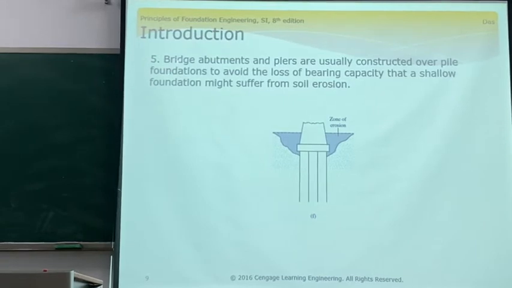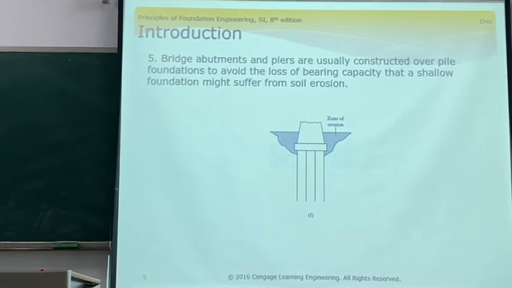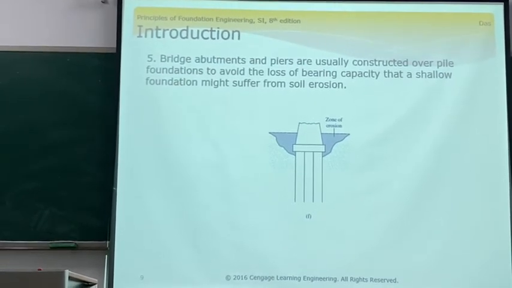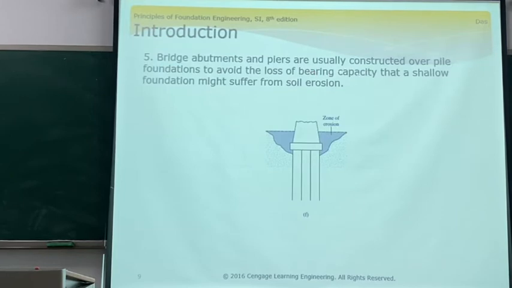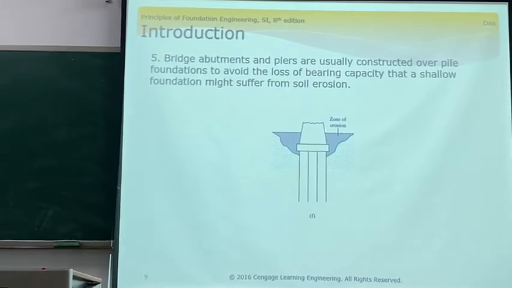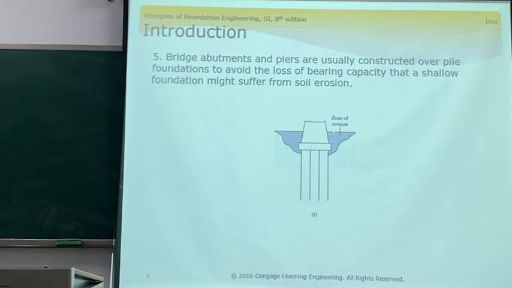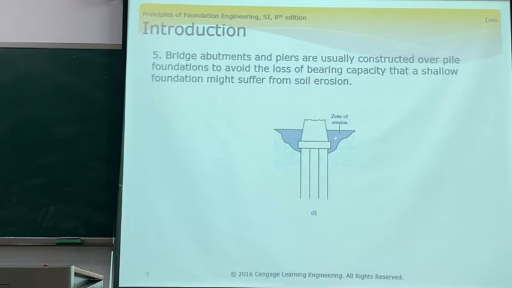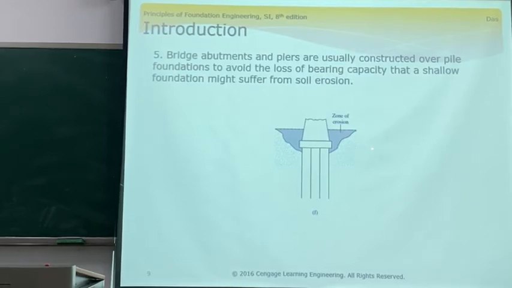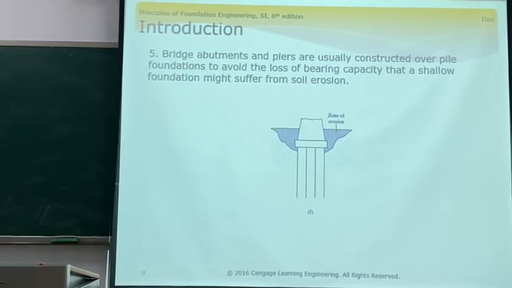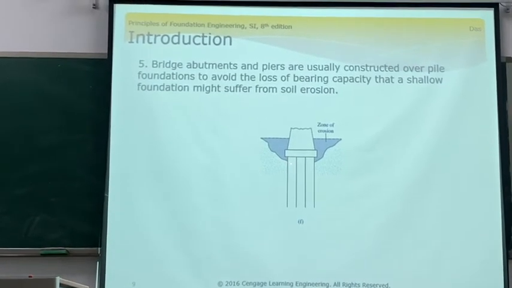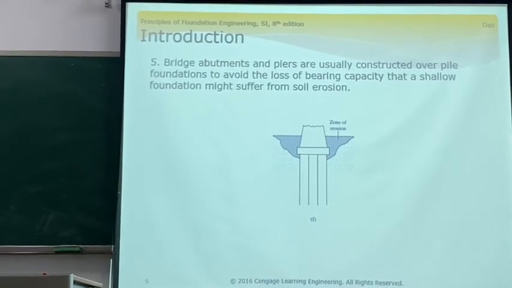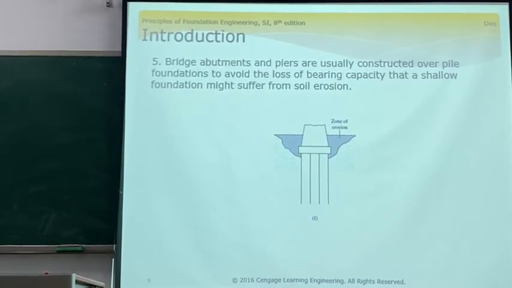And the fifth, the bridge abutment and the pier are usually constructed over the pile foundations to avoid the loss of bearing capacity that shallow foundations might suffer from. If you use a shallow foundation, the river destroys the ground, so the sand will go out. So the depth of the shallow foundation will reduce.